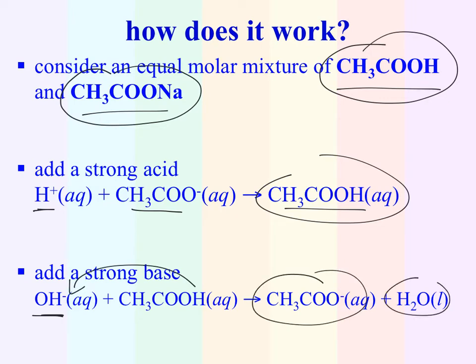So basically in this situation, what ends up happening is that the weak acid and weak base that are present in solution actually interact with either the H plus, so if I added HCl or something like that, or the OH minus that's added, so something like KOH or something of that sort. So basically what they do is these buffer components decrease the quantity of H plus in solution and basically make it where there's just smaller pH changes.